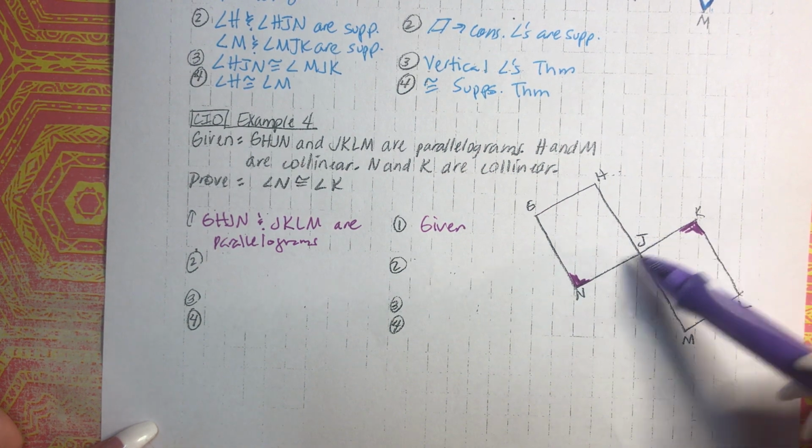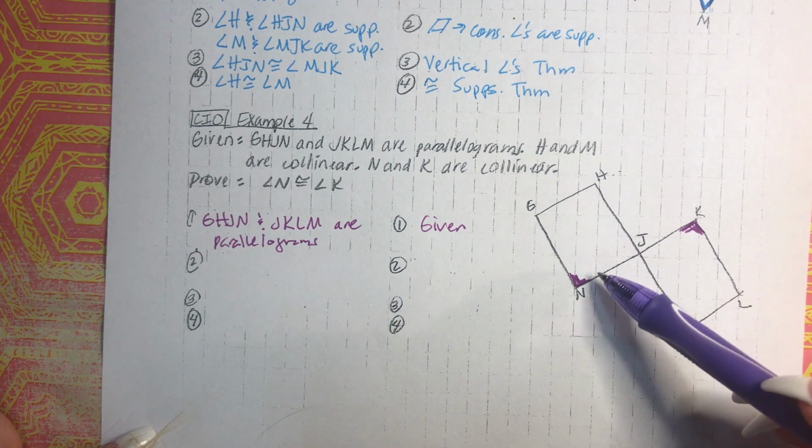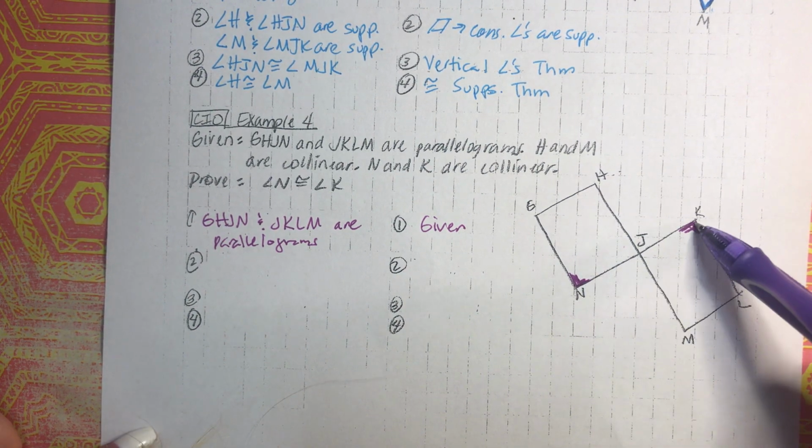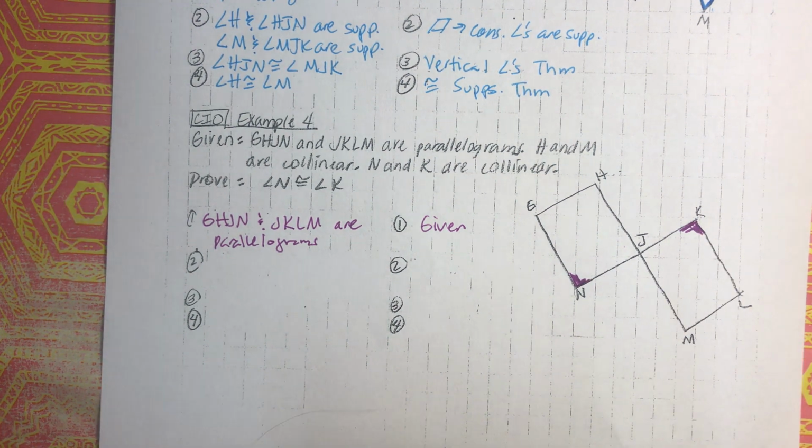Yes, I think that consecutive angles help us because we have some vertical angles here which are congruent to each other. So if this is supplementary and this is supplementary to the same angle, then those supplementary angles are congruent to each other by the congruent supplements theorem. Woohoo! All right, so let's write it down.